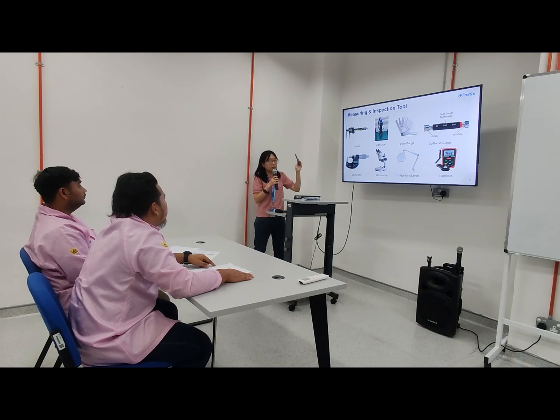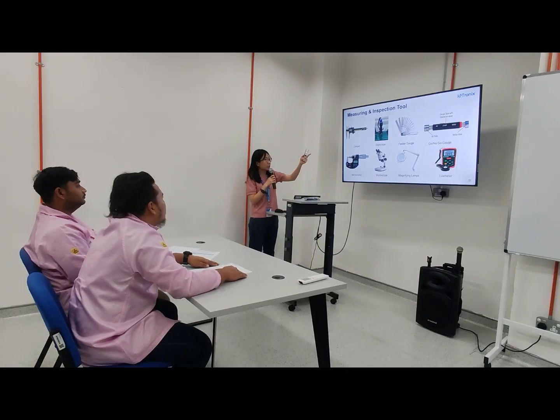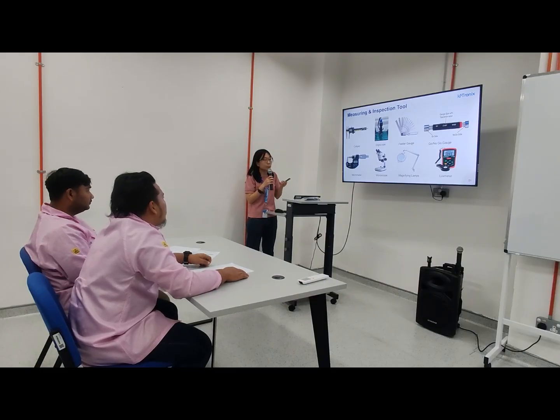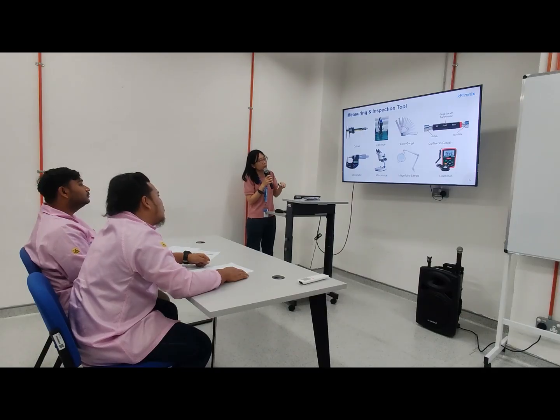This one is for visual checks, for checking module appearance. And feeler gauge, for flatness. Yes, we use it to measure the flatness of our module. And we have a go and no-go gauge. Actually, I think here we didn't use that.